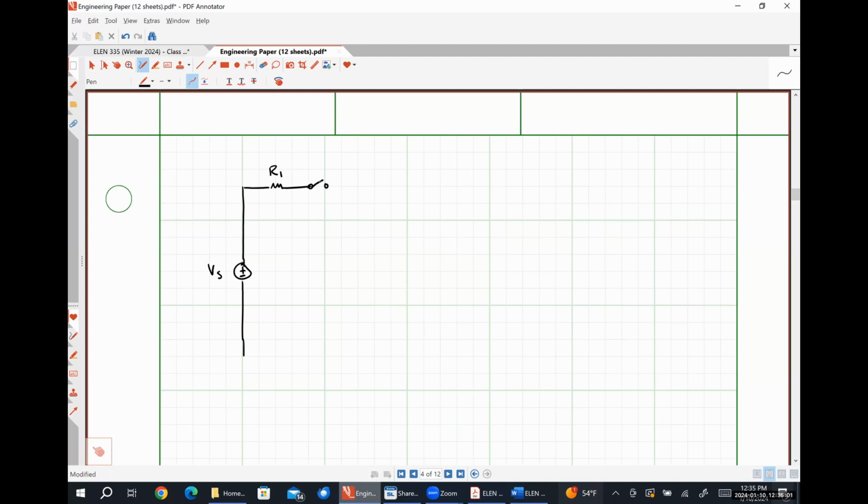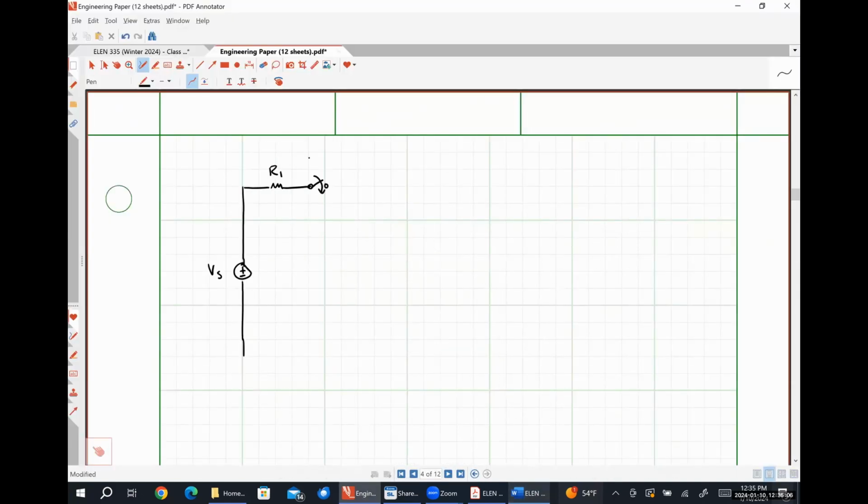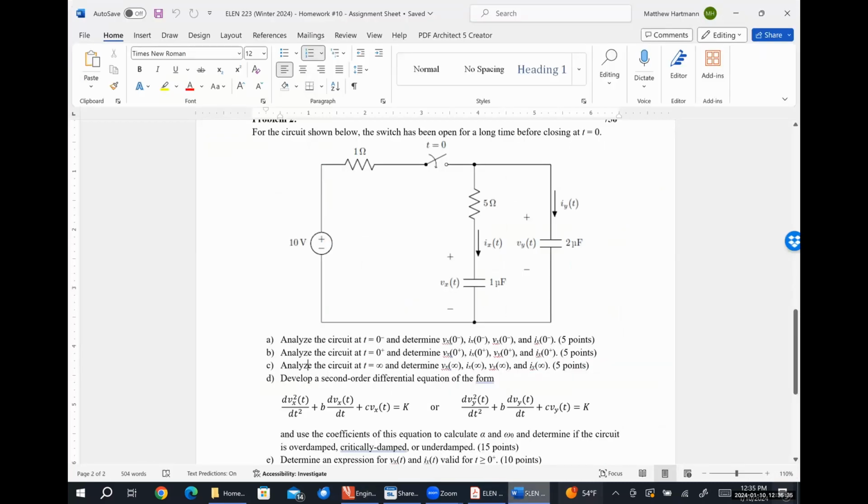We have a switch that is closing at t is equal to 0. Then I have a resistor R2 in series with a capacitor that I'm going to call C1. That path is in parallel with a capacitor over here that I'm going to call C2. I think that pretty much does it.